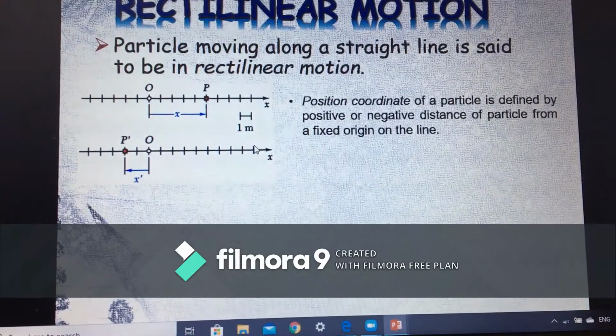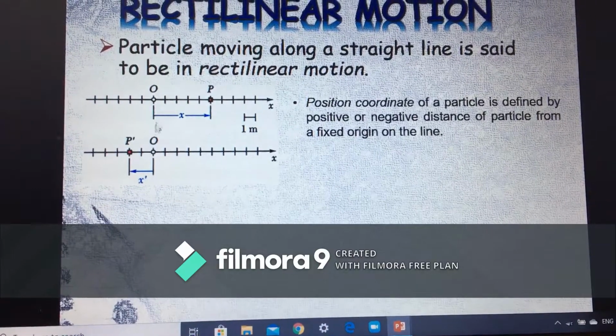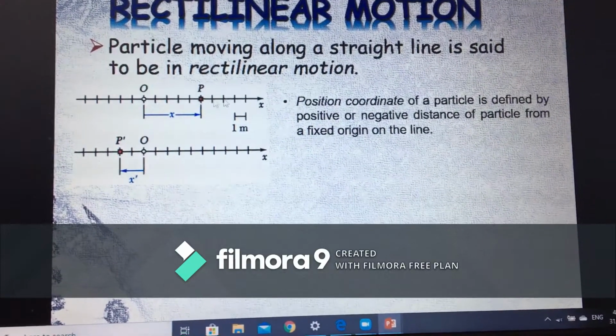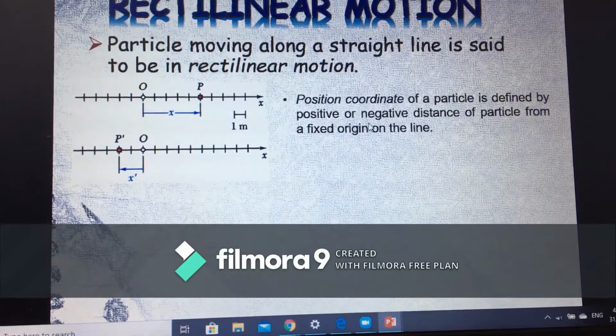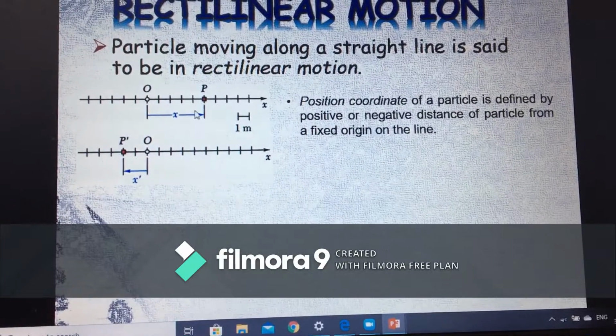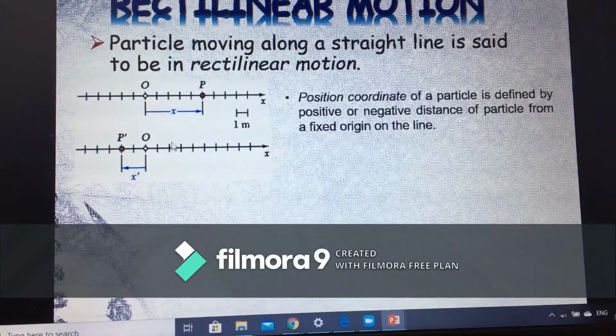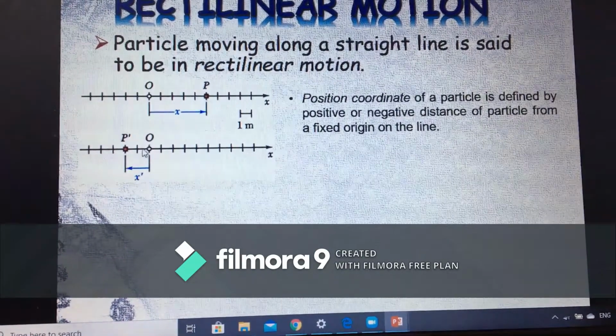Now, we can also say that the particle can go to the left. So on the first figure at the top, if the particle is moving to the right, we consider the distance to be positive. Then if the particle is moving from the origin going to the left, that is negative.